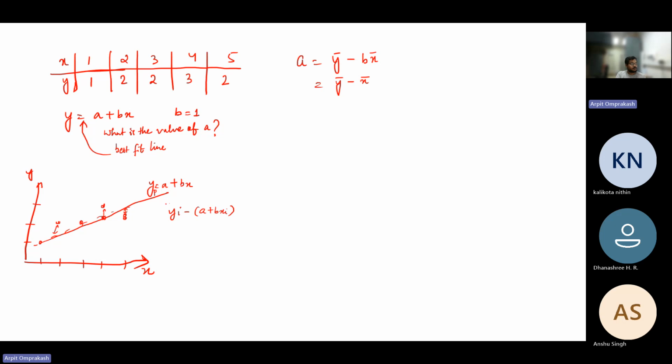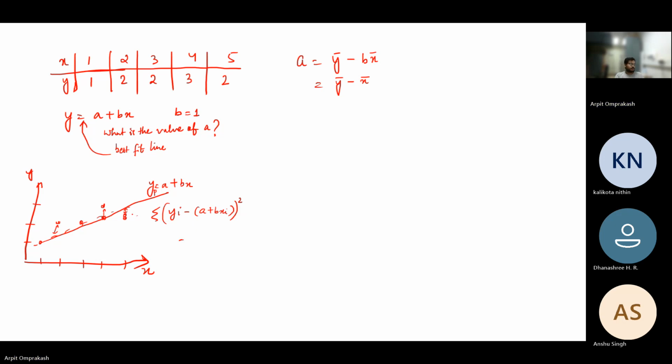So the square of this, and you basically sum it up for all the points. So this is the quantity we are trying to minimize. So to minimize this, we basically get its derivatives, partial derivatives.